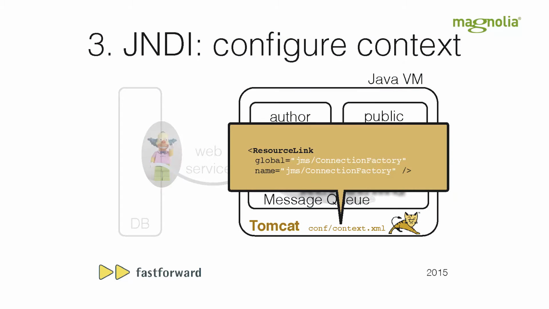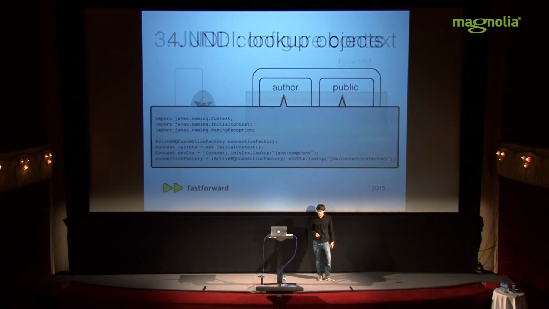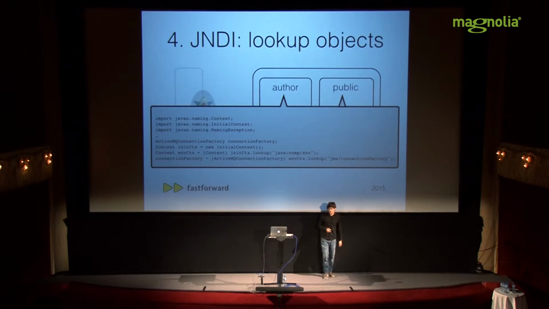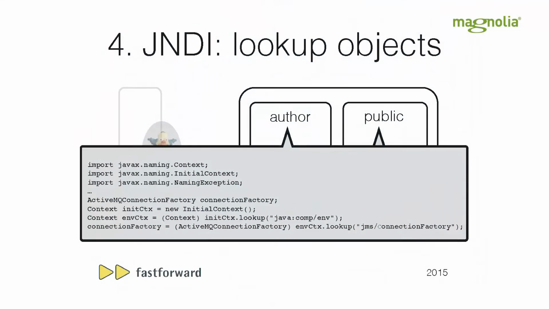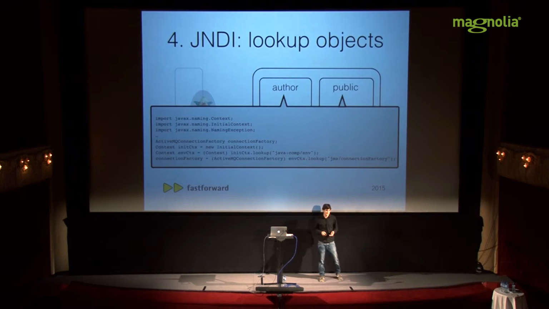So next step, we have to define a resource link so we can access it later within the Java code. This is really helpful because we have just one configuration globally for the whole Tomcat, and we can access one and the same connection factory or use the same connection of ActiveMQ from any instance. In our case, of course, just two, author and public.